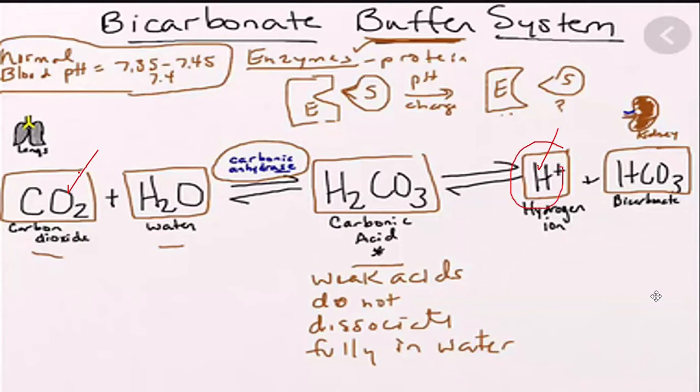If you are removing carbon dioxide, it has to be removed as well. So if you remove this one, what is left is the bicarbonate. So we have the tendency to have an increase in the pH because it's bicarbonate.